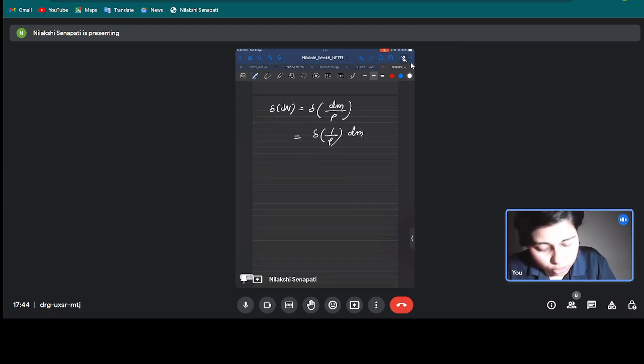Now what I need to calculate is delta q, that is heat generated plus heat transferred.